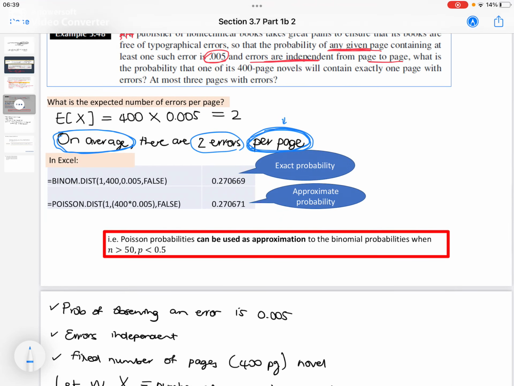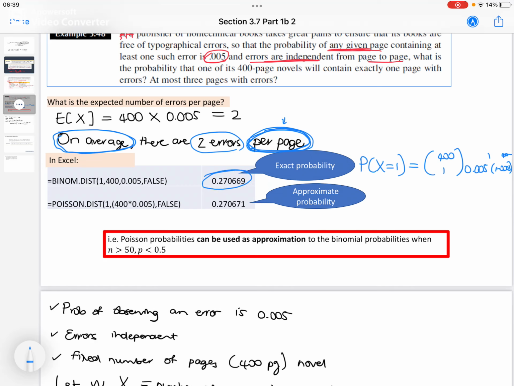With the binomial distribution, if we calculate the probability where x is equal to 1, this exact probability is 400 combination 1 times 0.005 to the power 1 times 1 minus 0.005 to the power 400 minus 1.